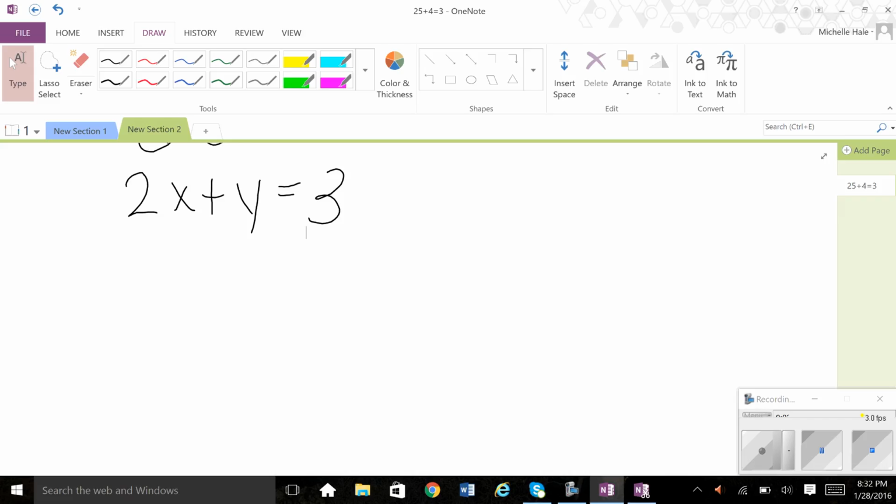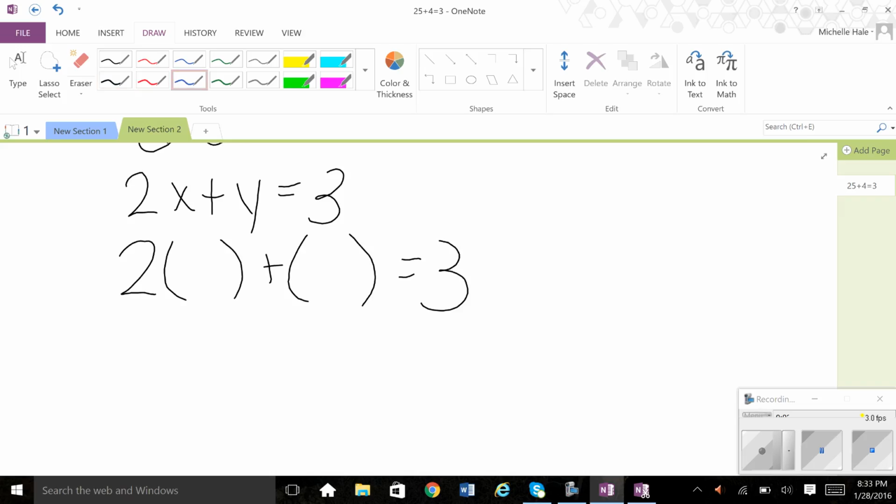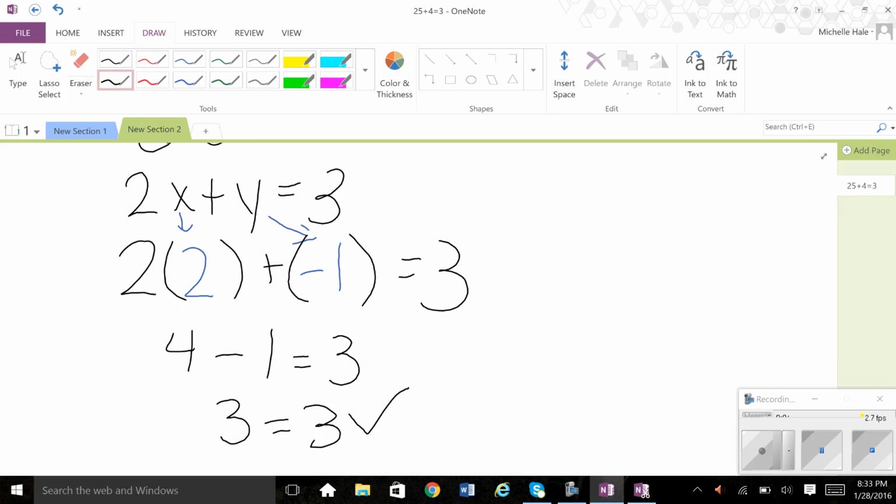Plug in 2 and negative 1 for your x and y. There's your x. There's your y. Keep everything else the same. And then distribute. You have 4 minus 1 equals 3, which is true. 4 minus 1 does equal 3, so that checks out.